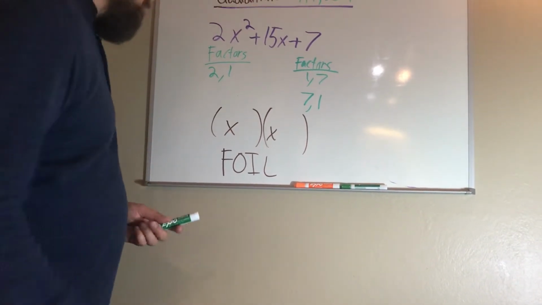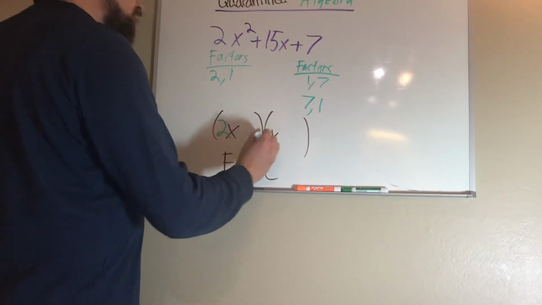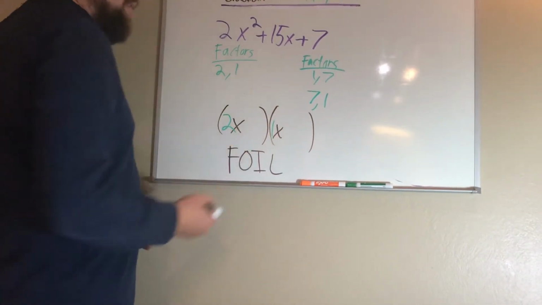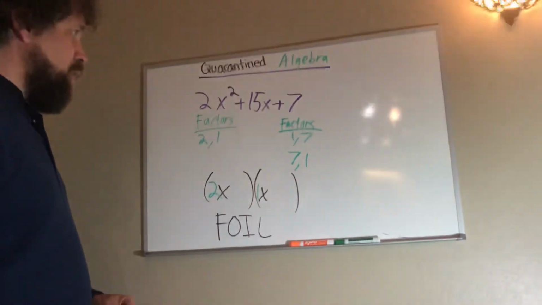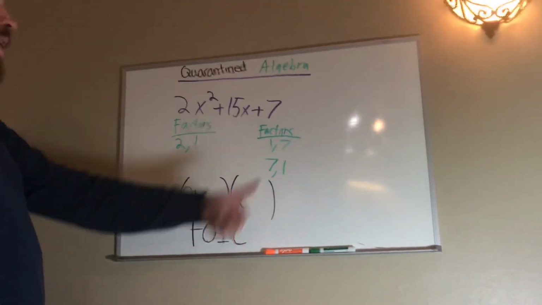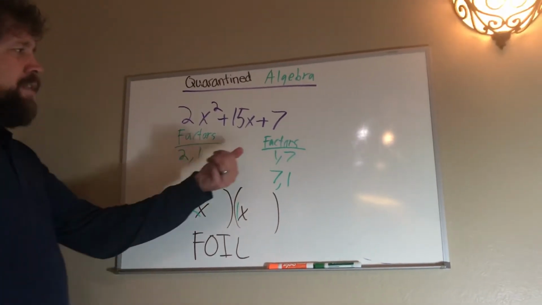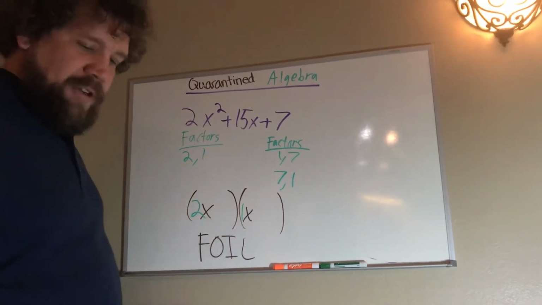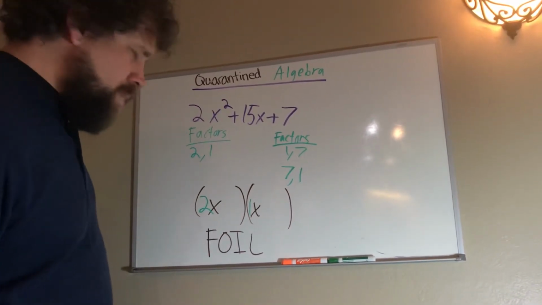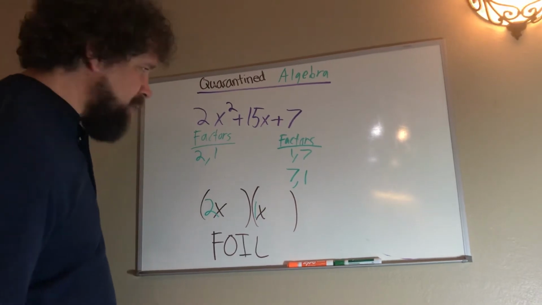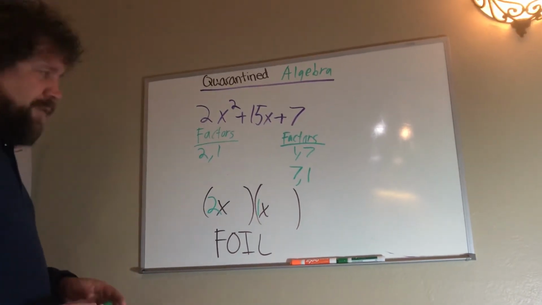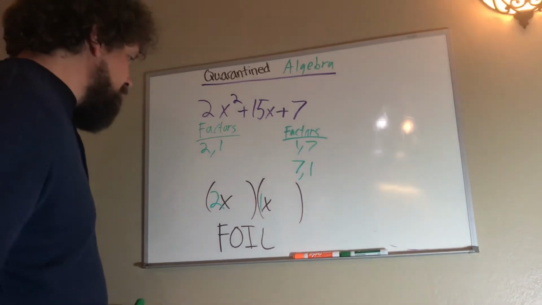So my first numbers, I'll have a 2 and a 1. And over here for my lasts, it's 1 and a 7, or a 7 and a 1. So don't have to worry about negative signs. But I do need to be focused on the outer and the inner.